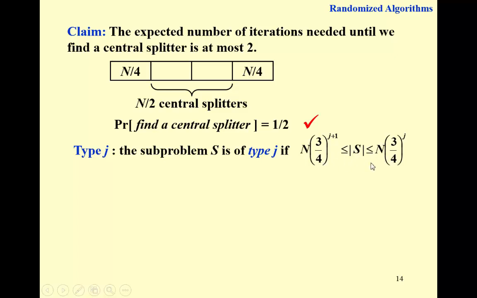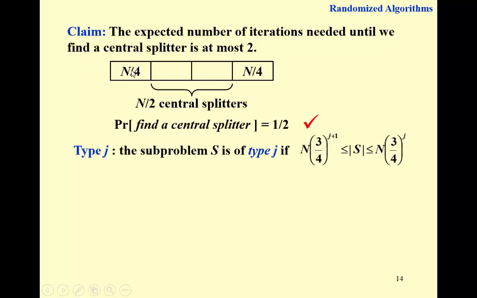What does it mean? Here, 3/4 corresponds to the worst case. If the pivot we selected is either here or here, then we're going to have two subproblems. One contains 3/4 of n and the other one contains 1/4 of n, right? So 3/4 of n is the larger case.